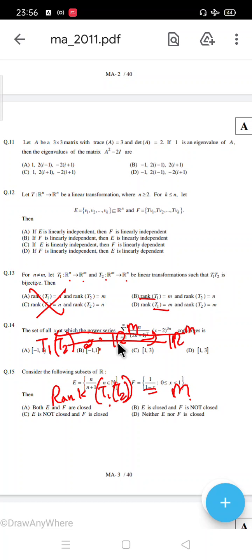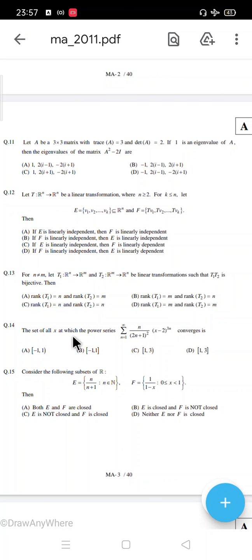Rank of T2 should also be m only. Option D. But why not n? No, I think it will also be m. That is option D.